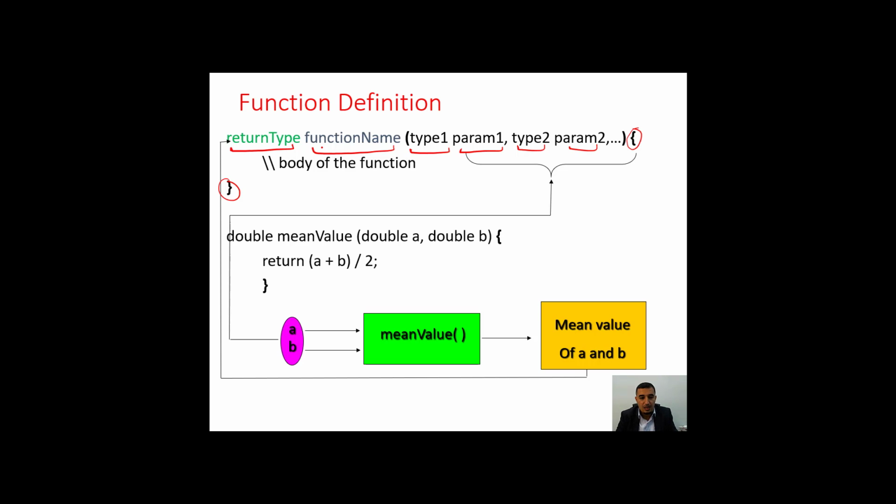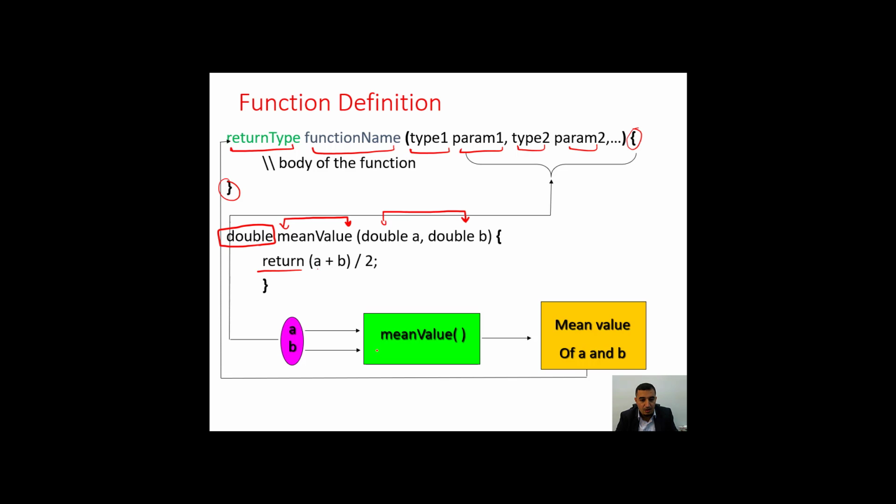For example, this function will return the average or mean of two values. So double is our return type; it is going to return a double. The name of the function is mean value. It takes two inputs, double A and double B, and it is going to return (A plus B) over 2.